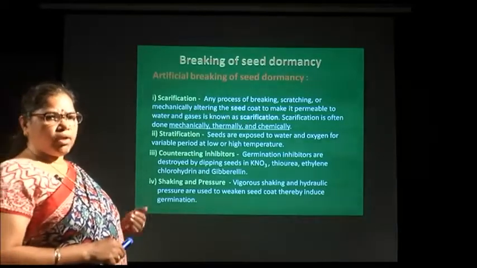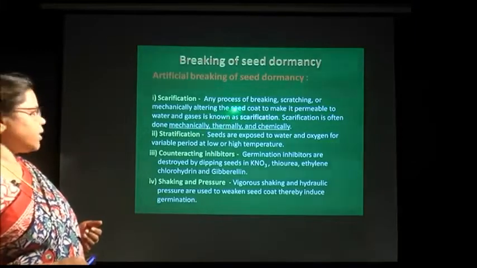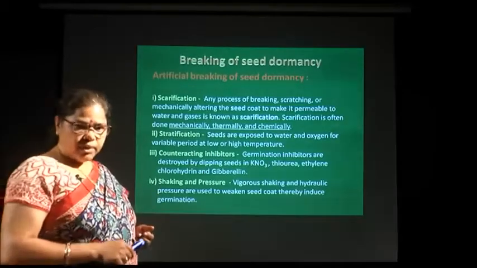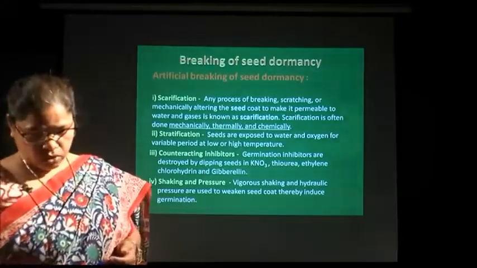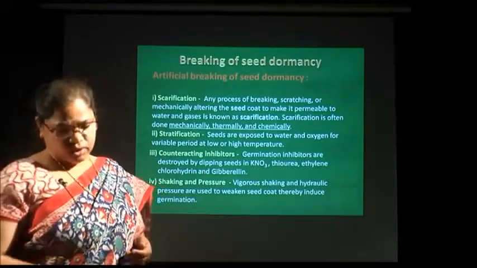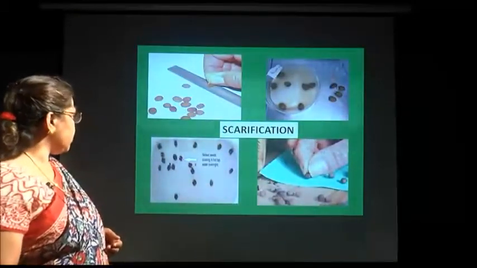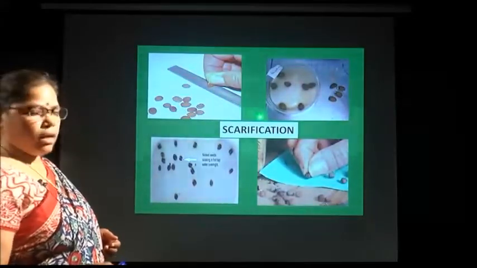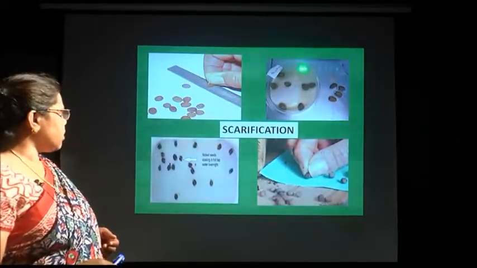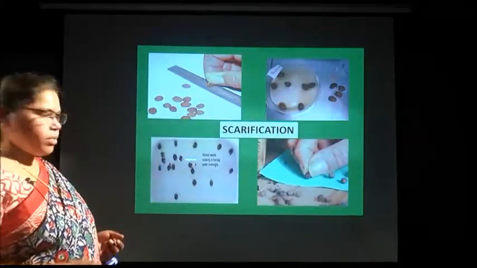Scarification acts on the hard seed coat so that it is permeable to water and gases, and this process is called scarification. It may be due to mechanical, thermal or chemical processes. So these are some of the scarification processes. You can use a file to make the hard seed coat soft, or you can use an acid like sulfuric acid, so that the hard seed coat becomes soft.